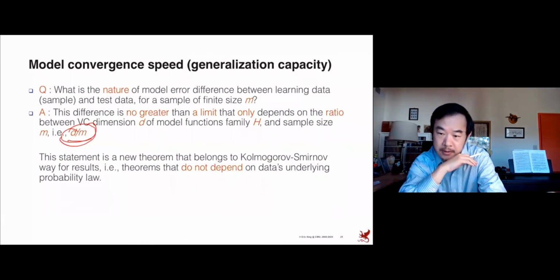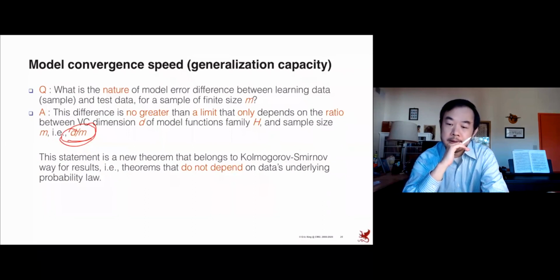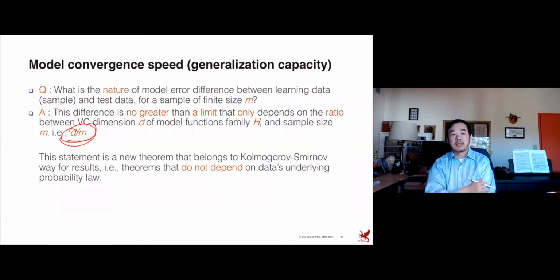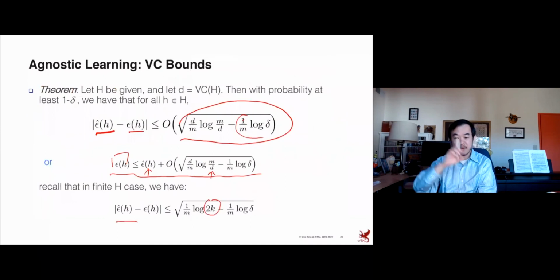My question is mainly, this talks about the difference being no greater than a limit, but I'm not really sure how the speed fits into the slide. How does that affect the convergence? It's not affecting. The one affecting the speed is the size of the gap as a function of the model complexity and the data points.